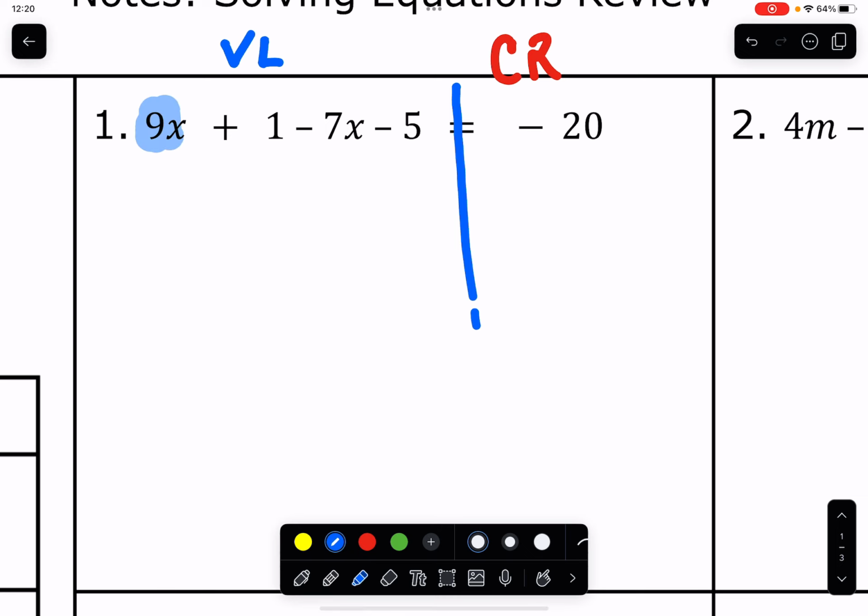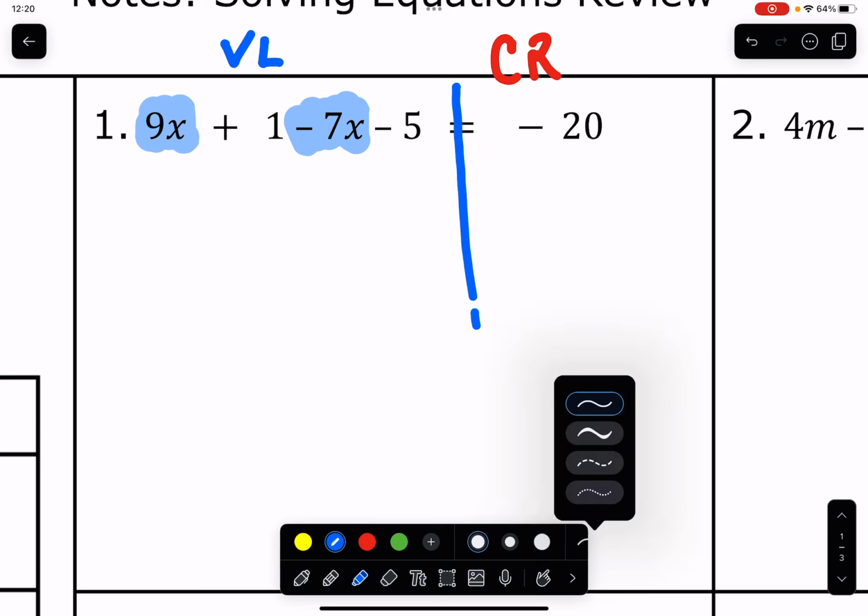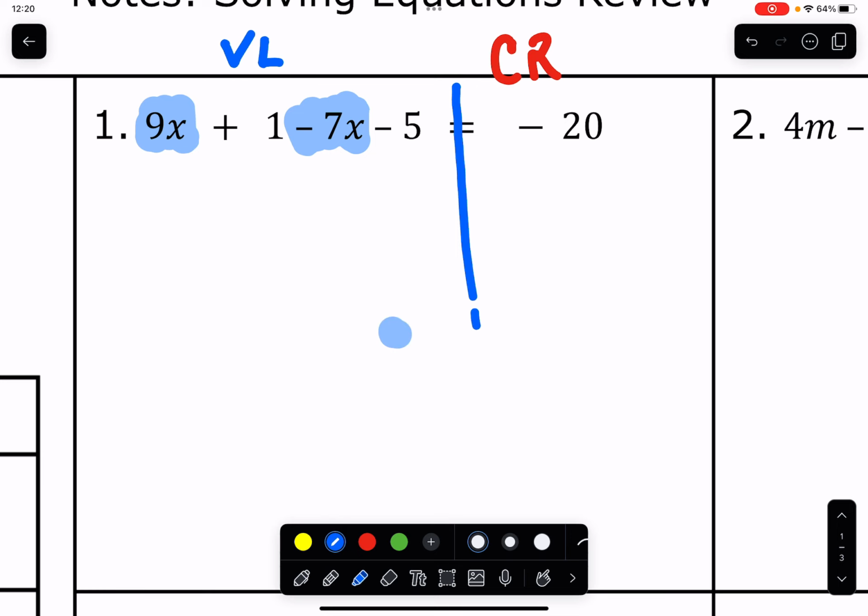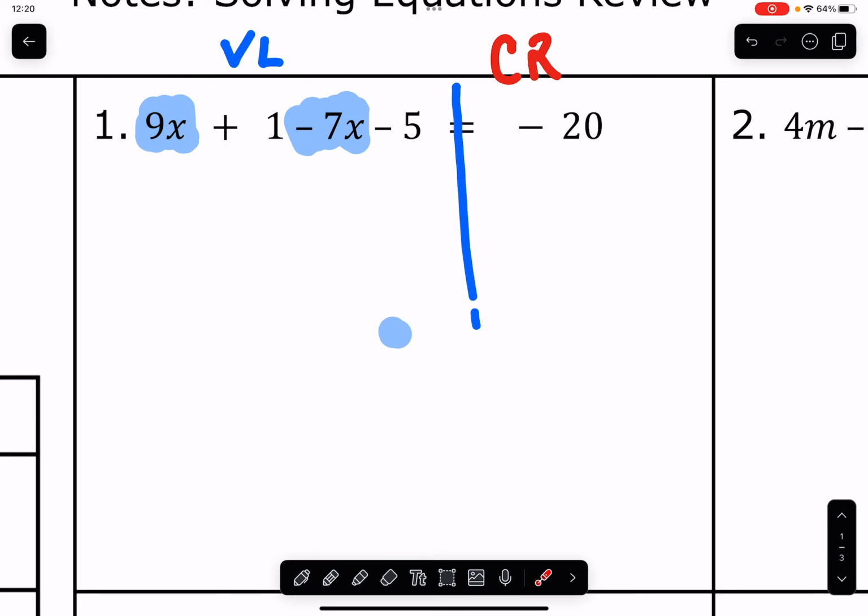So what that means here is that if I get these variables and keep them on the left side of this equal sign, and our numbers are constants, so like these numbers here, and keep those numbers on the right side of our equal sign, then we're going to be able to simplify each side of the equation and then solve for our variable.